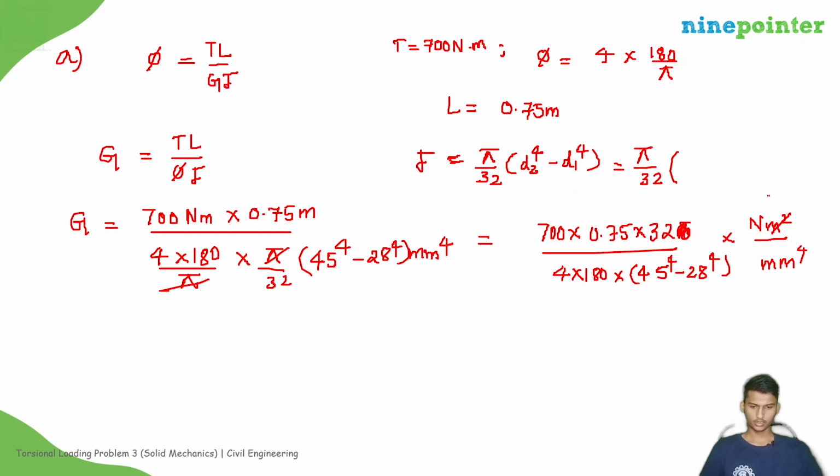If we convert this into 10 power 6 mm square, this mm square will get cancelled and we will get Newton per mm square, right? So times 10 power 6, megapascals. And we know that the T value is 700 given, the L value is 0.75 given, and J is pi by 32 times D2 power 4 minus D1 power 4. Yes. So on solving, we are getting 22 gigapascals. Okay. Giga means 10 power 9.